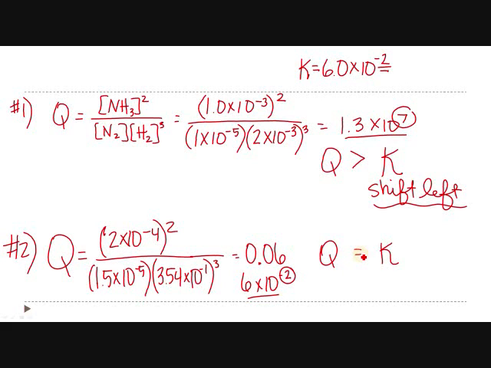So in this instance, the reaction is already at equilibrium, so there will be no shift. Because if it's already at equilibrium, it doesn't need a shift to get it back to equilibrium. Okay? So that is 7.8.